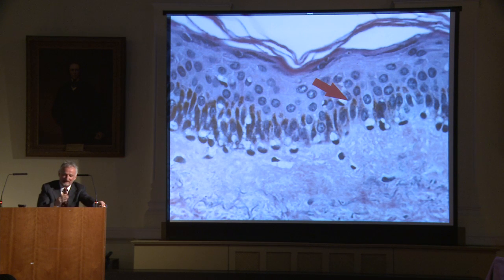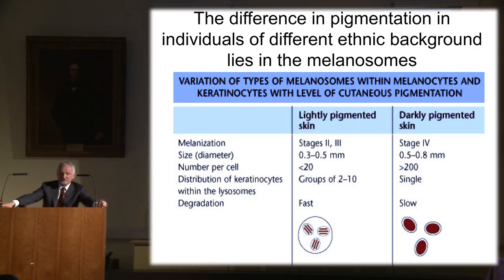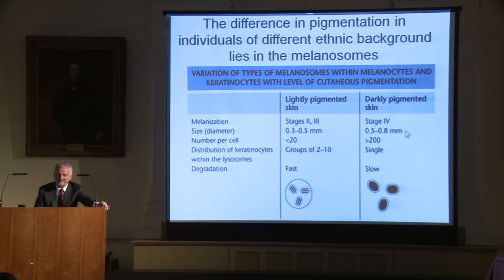I'm always puzzled by how beautifully this functions, because melanin protects against insults coming from outside in the form of UV light. And with regard to skin color, it's not the numbers of these producing cells, it's the maturation steps and the forms of these little organelles, the melanosomes. In lightly pigmented skin, they are not as mature as in darkly pigmented skin, so they are stage 1, 2, 3 versus stage 4.